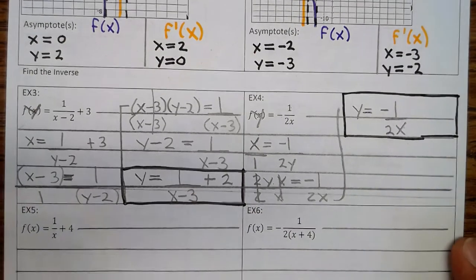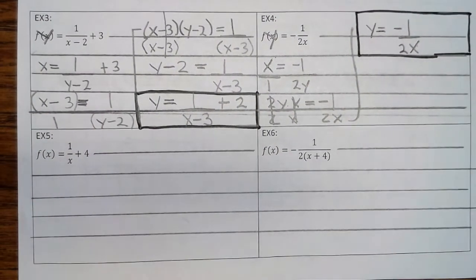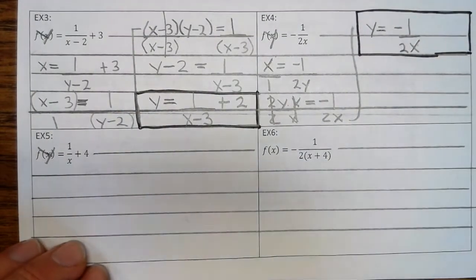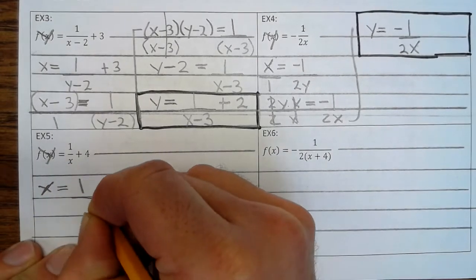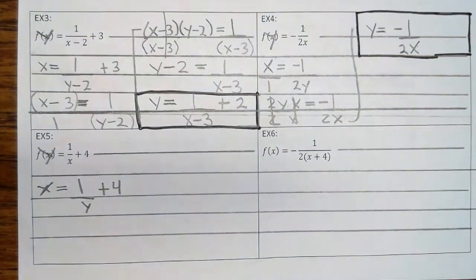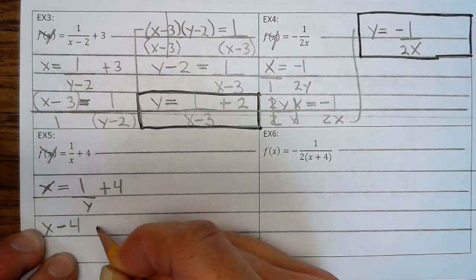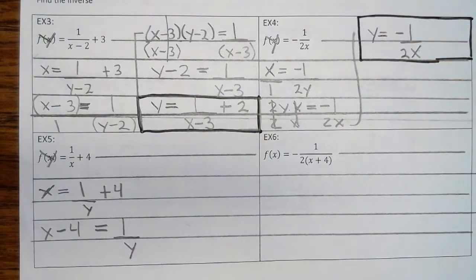All right. So now let's look at example 5. Again, change f of x to y, and then switch x and y. So x equals 1 divided by y plus 4. We subtract 4 from both sides. So x minus 4 equals 1 divided by y.